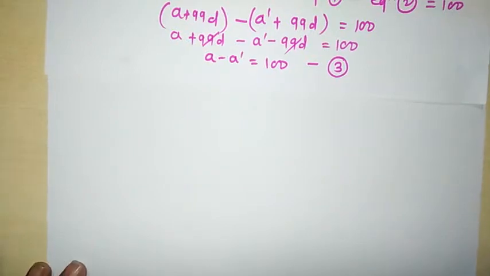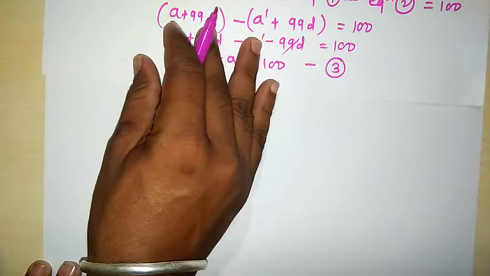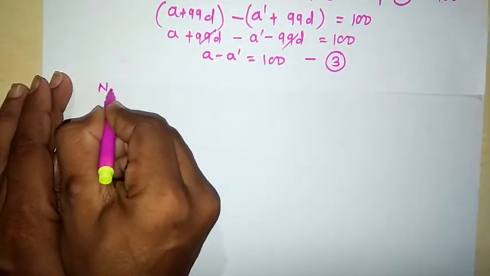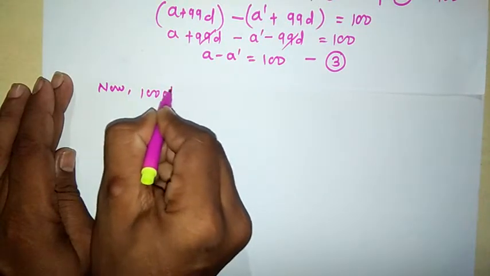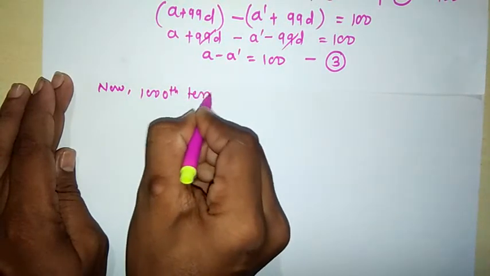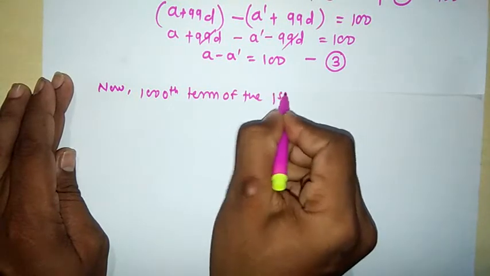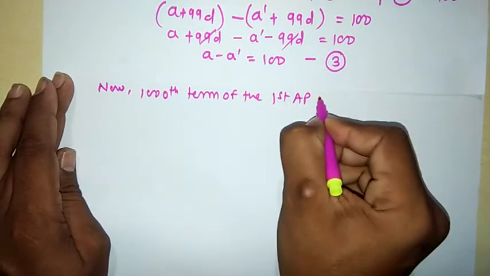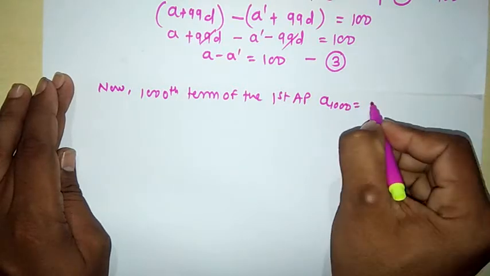But we have been asked the difference between the thousandth terms. Therefore we will find the thousandth term here. The thousandth term of the first AP, that is a thousand, is equal to the first term.